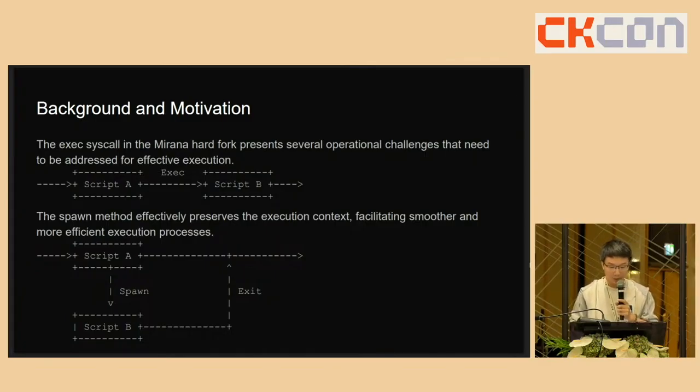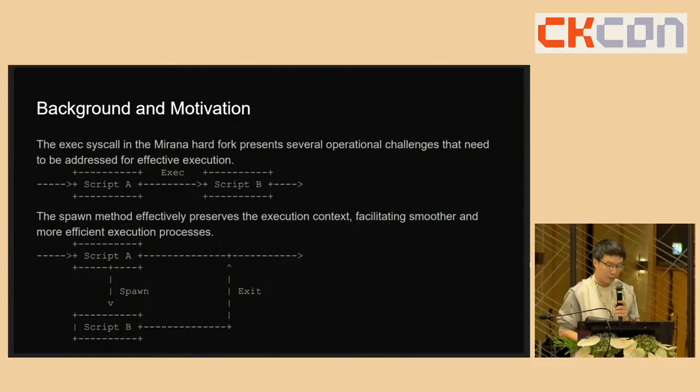Specifically, when using execute, state information about the current script is discarded. We hope to find a way to preserve the context of the script. Yes, this is what Spawn is supposed to do.